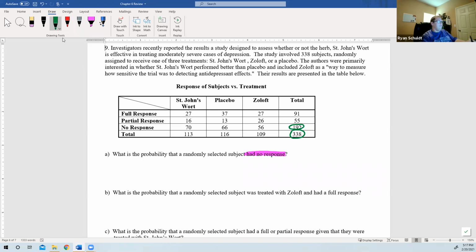So when I name these, I'm going to say F is full, P is partial, N is no. I'm going to say SJ is St. John's. Then we've got the placebo. I'm going to say it's PL. And then Zoloft is Z. Why did I say PL for placebo? Because I already used P for partial.